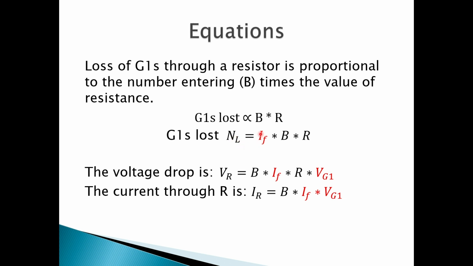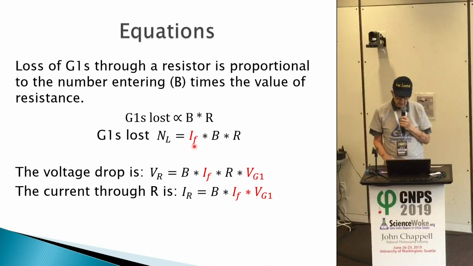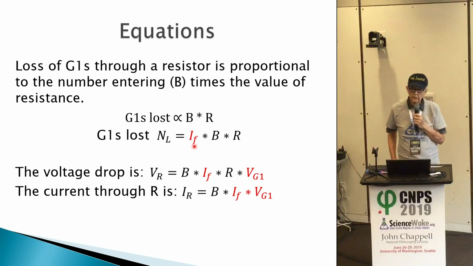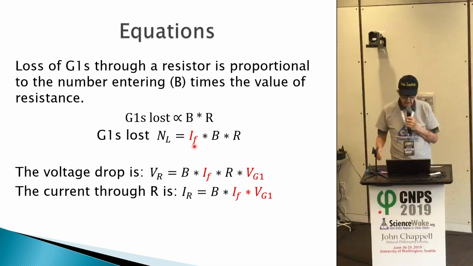If you want to make an equation, you have to have a constant of proportionality, and that constant I named the interaction factor. By the way, I have an interaction factor for my gravity equation. So the number lost is equal to the interaction factor times the number entering the resistor times the resistance value.